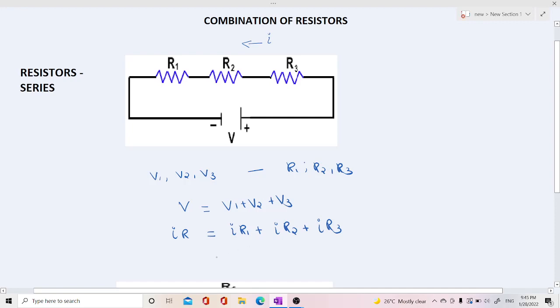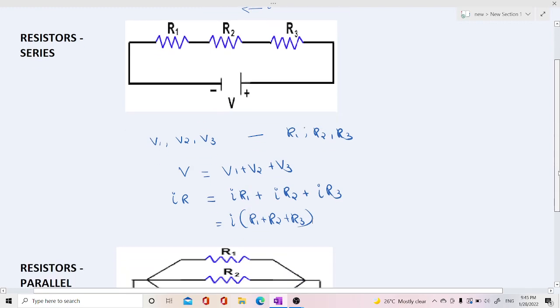And here taking I outside, I into R1 plus R2 plus R3, and here I is common in left hand side and right hand side, so we can cancel it out, and the value of this resistance is R is equal to R1 plus R2 plus R3.